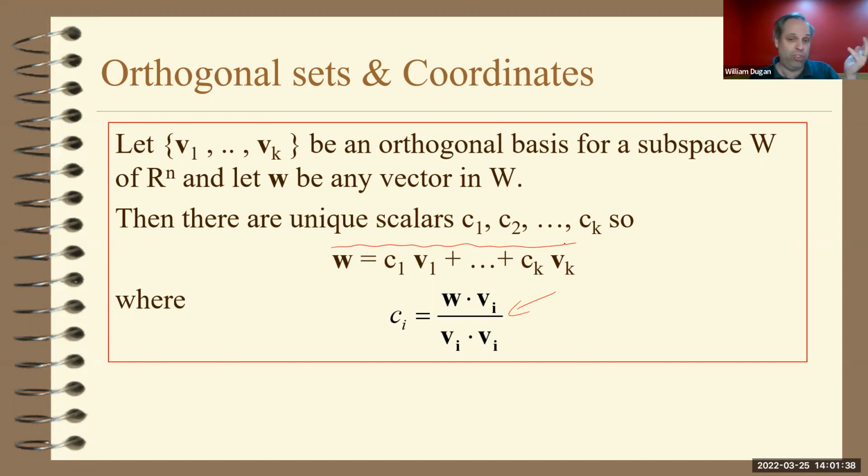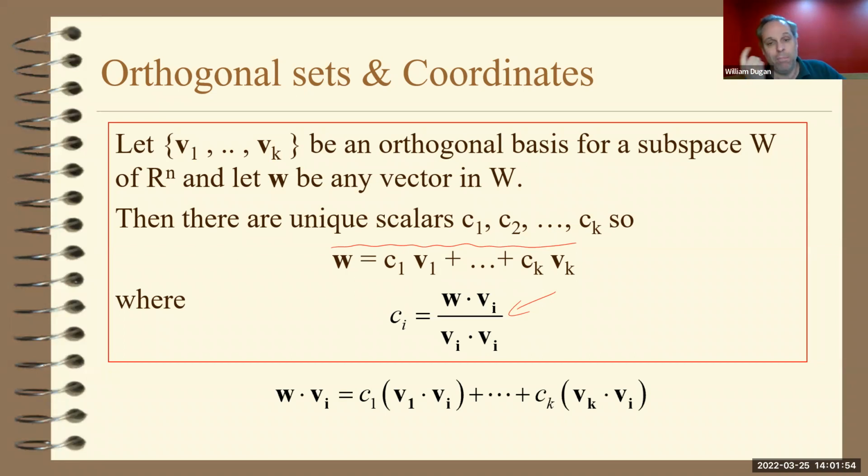So take just the ith such vector, Vi, and like I did before, take the dot product on both left and right of that equality with Vi. If you do that, you get this. But again, remember, on the right-hand side only one of those dot products matters, because if the indices are different, you get 0 anyway.